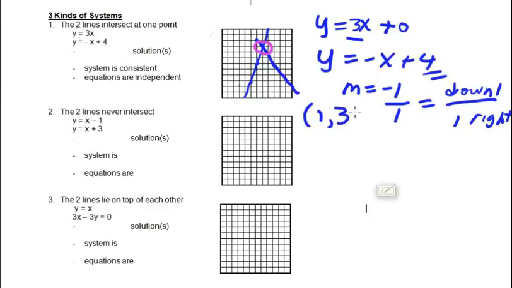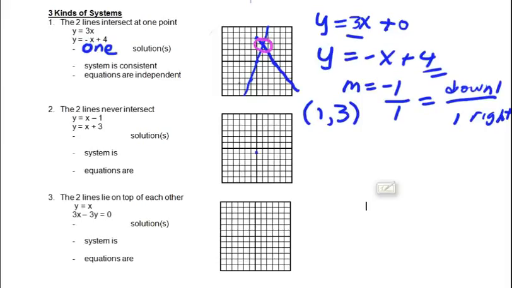And so we have the point (1, 3), which is our single solution. So in this situation, we have one solution, and the system is what we call consistent, which means that there is a solution. The equations are called independent, which means that they don't mimic or follow each other.